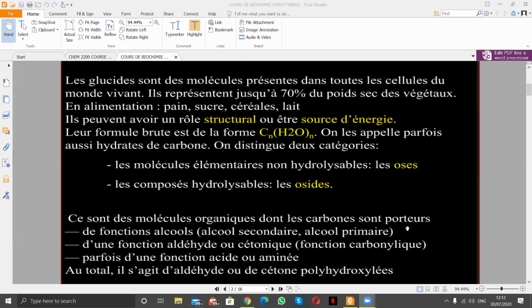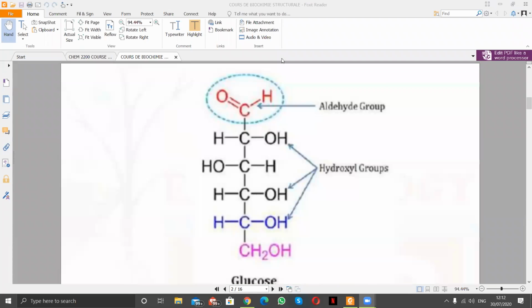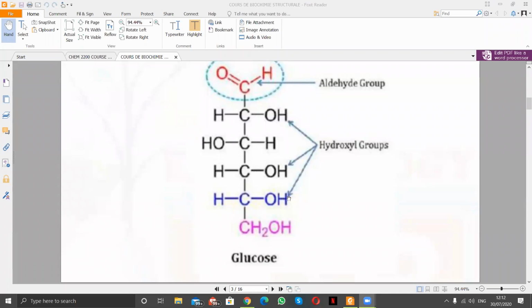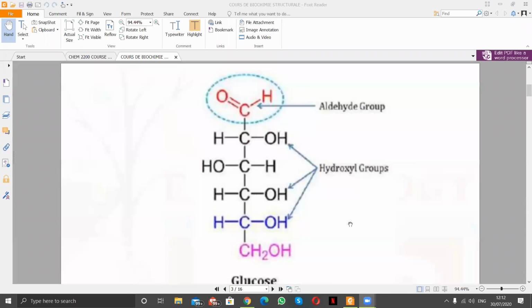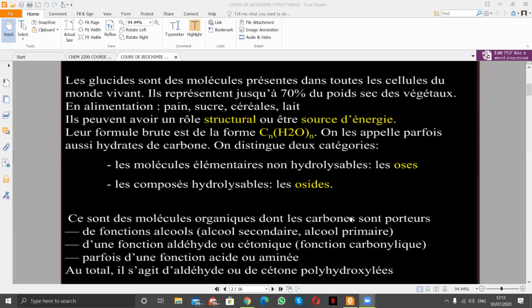Chemically, all carbohydrates are polyhydroxyl. What do I mean? They contain a hydroxyl OH group, which I earlier on showed you here. It's a hydroxyl group, or aldehyde or ketone.